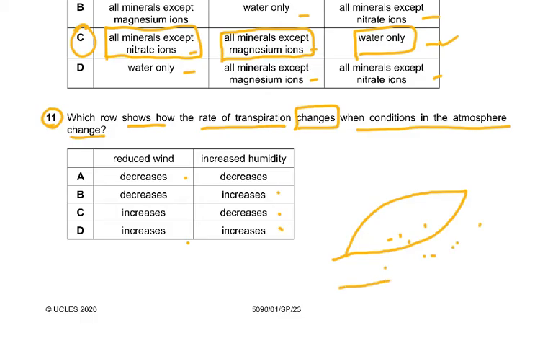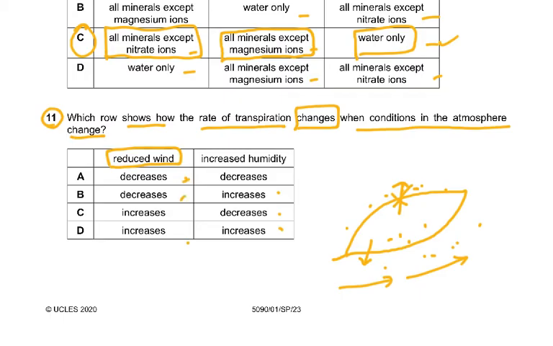When there is more wind, the water vapors are carried away, so a gradient is maintained for transpiration. So if there is reduced wind, what is going to happen? If there's reduced wind and there's still water vapors outside the leaf, then none is going to move out because there's already such a high concentration of water vapors outside the leaf. So the rate of transpiration must decrease.